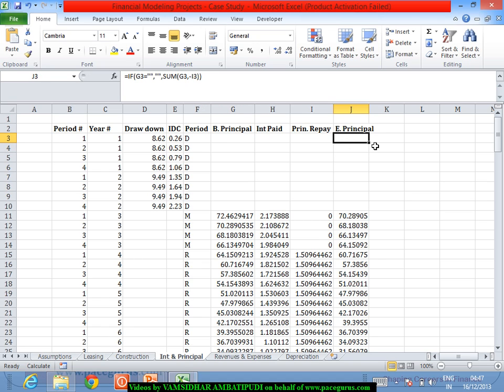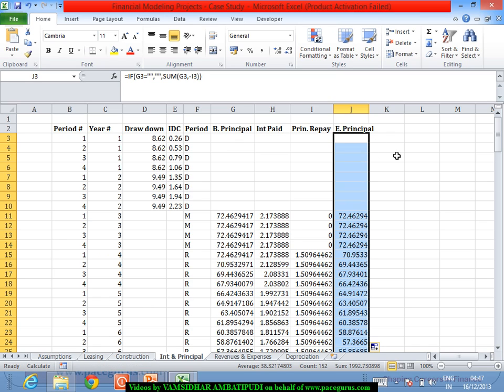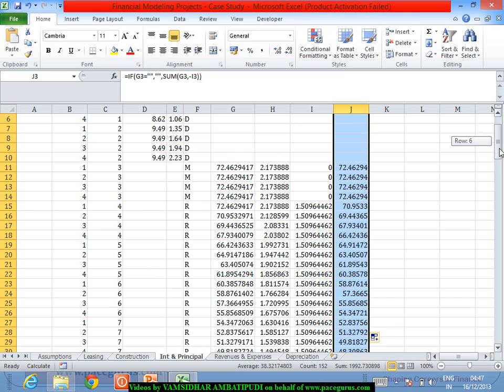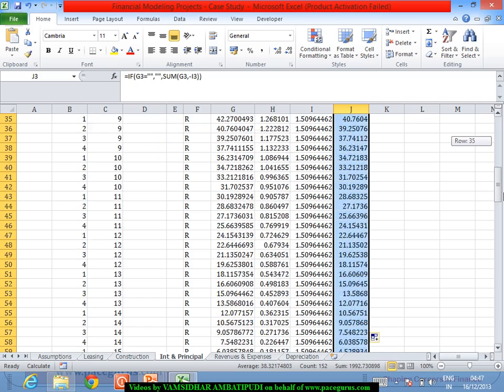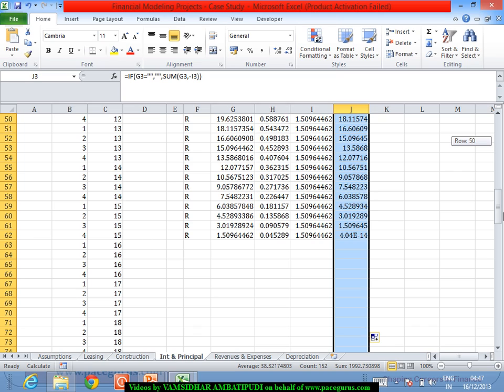The principal repayment is what I am more interested in. So during the moratorium period, there is no principal repayment, so only interest is what I will consider. And by the time we come to the last, there is no principal outstanding, almost 10 to the power of minus 14. It's more of a rounding-off kind of issue.